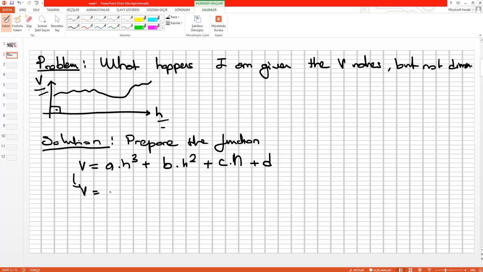This V can also be represented with h minus h0, h minus h1, h minus h2, this 1, 2, and 3, right? How can we decide the number of the roots in this equation?